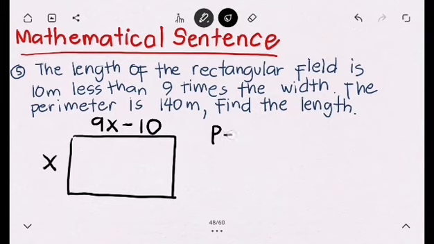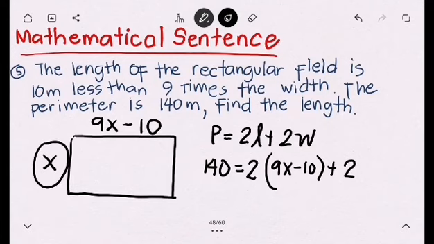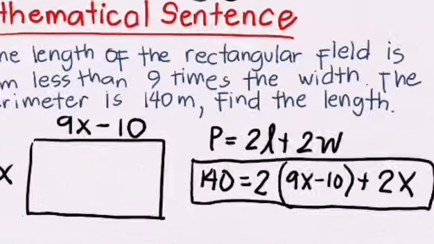We all know that the formula para sa perimeter ng rectangle, we have 2 times the length plus 2 times the width. Pwede na nating palitan. Ang perimeter na given is 140. So this is equal to 2 times ang length natin, 9x minus 10, plus 2 times ang width natin na x. So magiging 2x. Ito na ngayon yung ating equation para sa number 5.